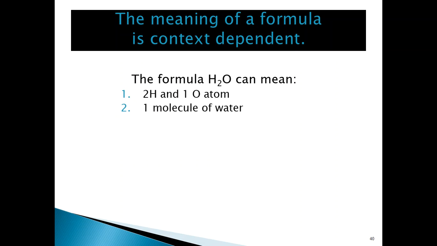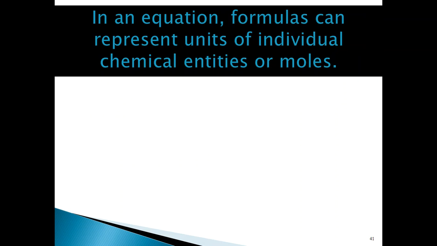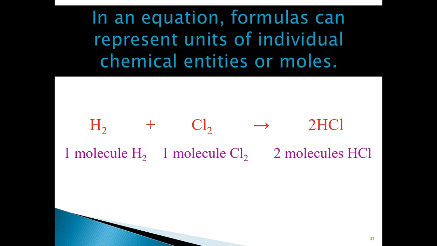We can also interpret that to mean 1 molecule of water, and so on. Now, in an equation, formulas can represent units of individual chemical entities or moles, all right? And as far as moles are concerned, well, let me talk about what happens when we're using the equation to represent things at the microscopic level.